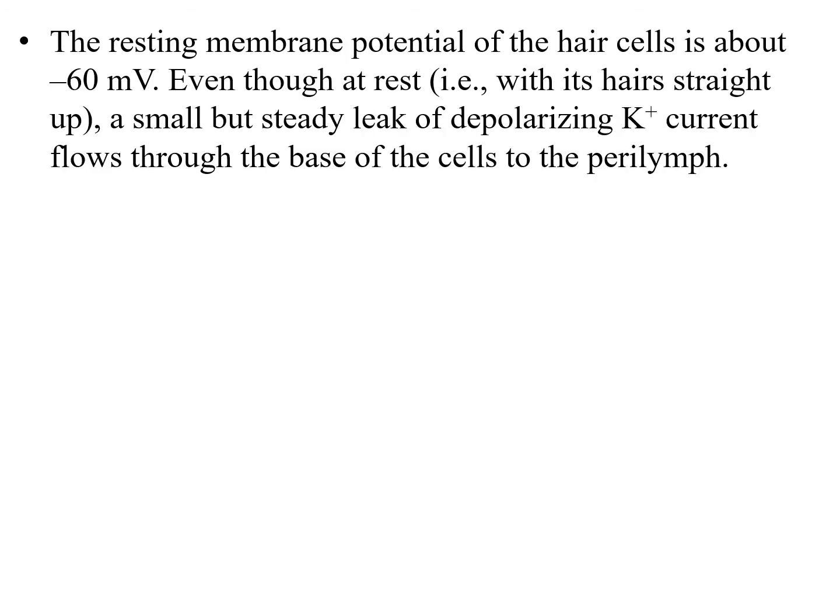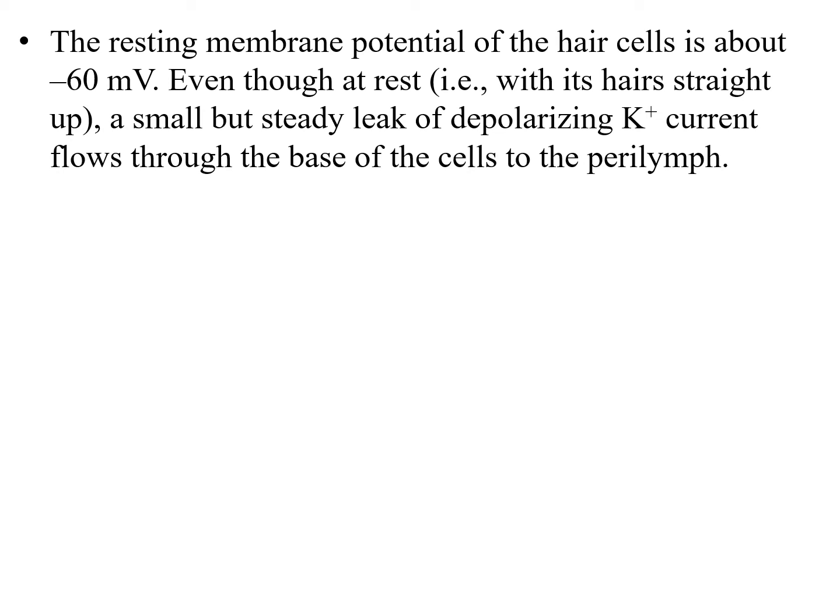The resting membrane potential of the hair cells is about -60 millivolts. Now, at rest means the stereocilia are straight, they are not bent in any direction. Even when they are straight, a small but steady leak of depolarizing potassium current flows through the base of the cells to the perilymph.